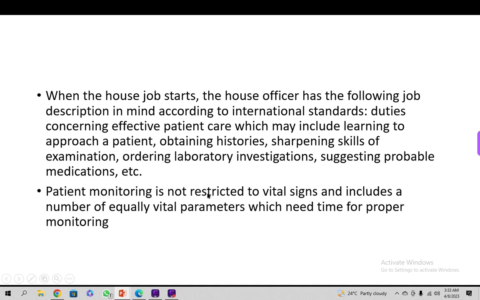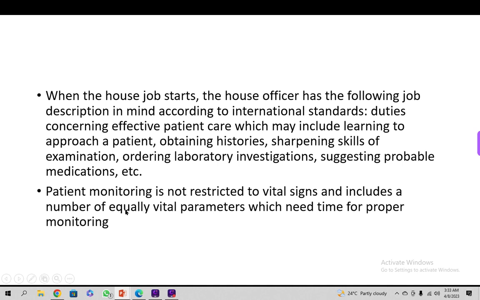Patient monitoring is not restricted only to the vital signs. And the vital signs are there. And it should be done every 4 hourly, 6 hourly. Not only restricted, although this is a very, very important part, but it includes a number of equally vital parameters.